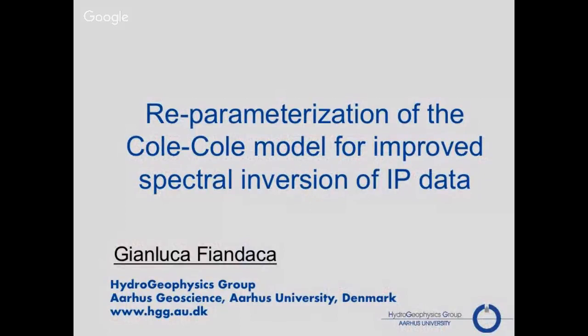Okay, so this is something we've been doing since last year at least, and the idea was to try to break down the correlation between M0 and C, because those were too strongly correlated when you were looking at your inversion.